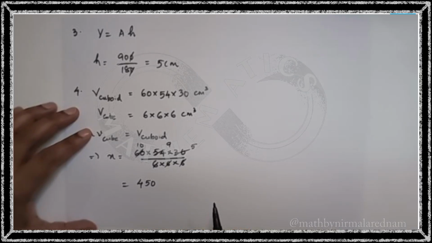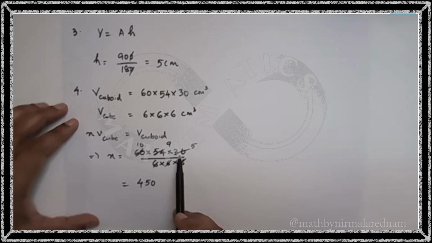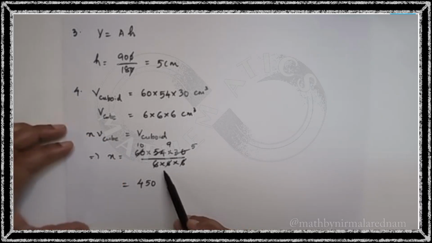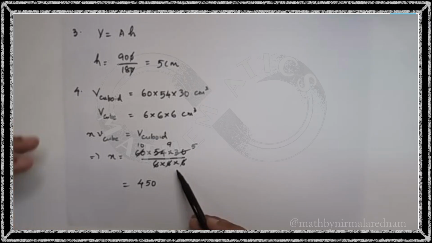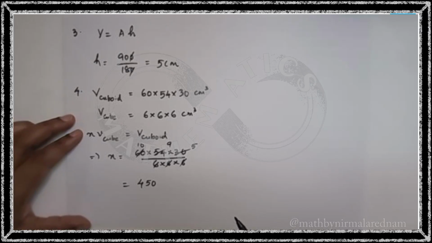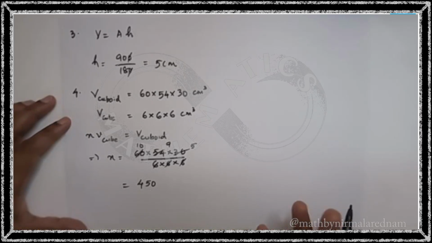However, there is another angle to it regarding the factors. That is, if the dimensions are such that one of the dimensions does not have any factor matching with the dimension of the cube, then practically it will not be possible to fit in those cubes, although theoretically you might find an integer solution to it.